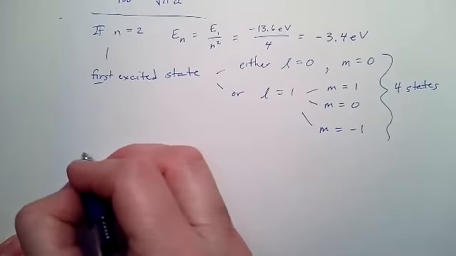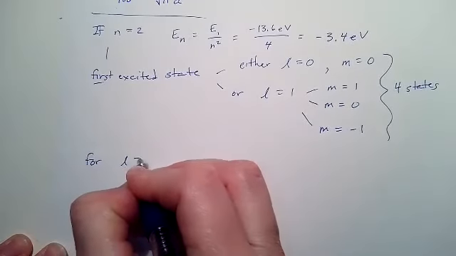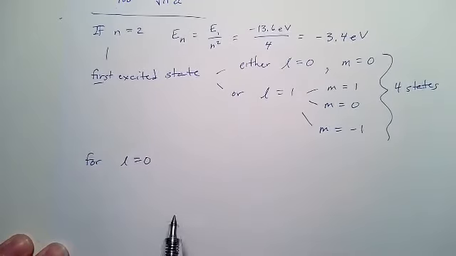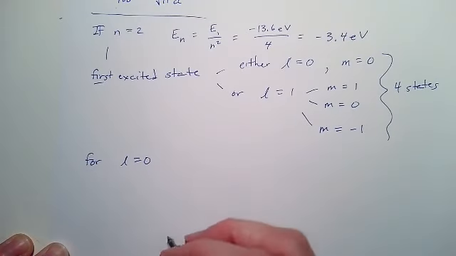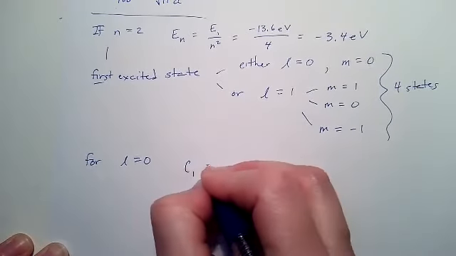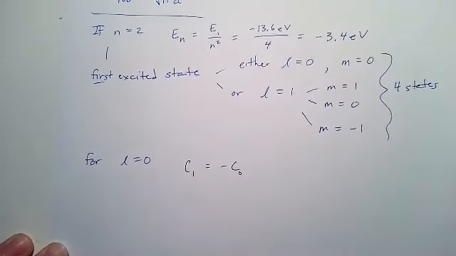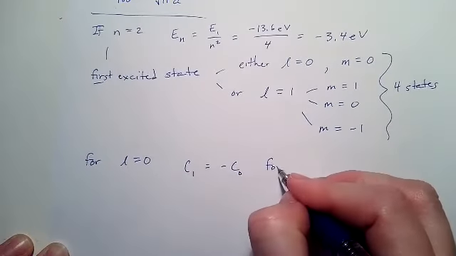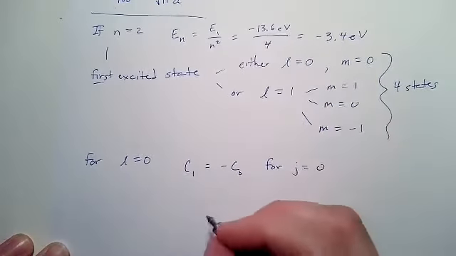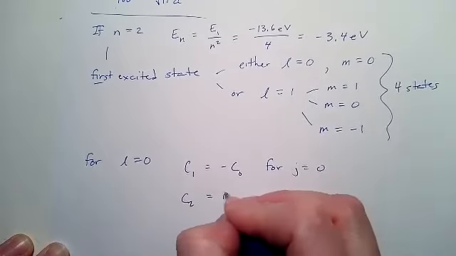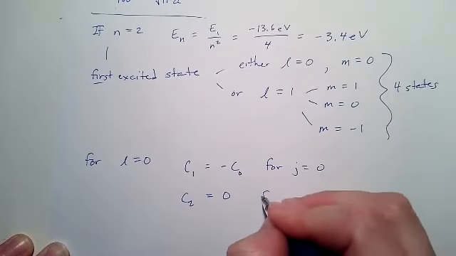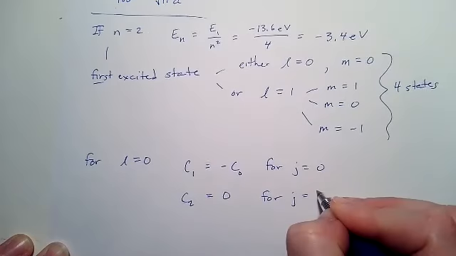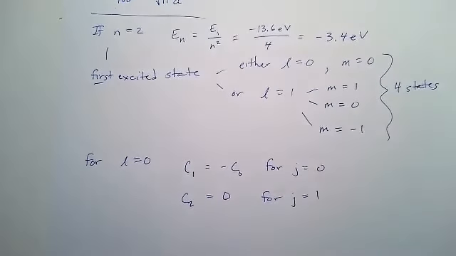Okay, so for all of that, let's start with our first possibility. Let's start with the easier case that L equals 0. So our recursion formula gives us this case, that c1 equals minus c0 for j equals 0, and then c2 equals 0 for j equals 1.